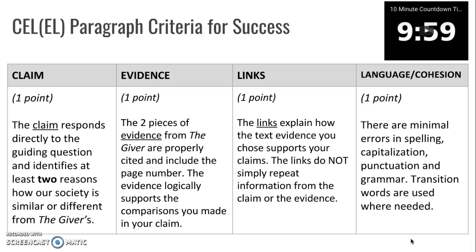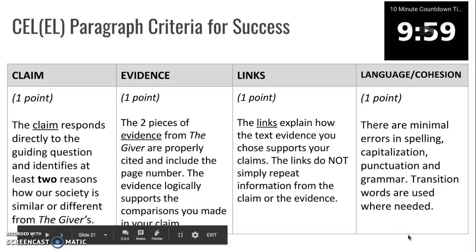The links that you write should explain how the text evidence you chose supports your claim. They should not repeat information from the claim or the evidence. Lastly, your response should have minimal errors in spelling, capitalization, punctuation, and grammar. You should also make sure, since you are handwriting this paragraph, that you write legibly so that I can read it when I'm grading it.